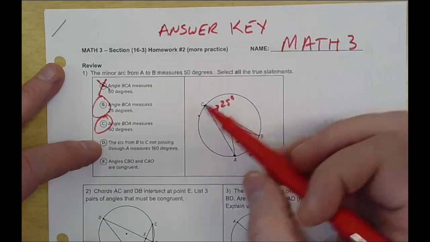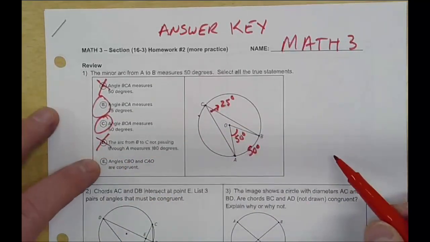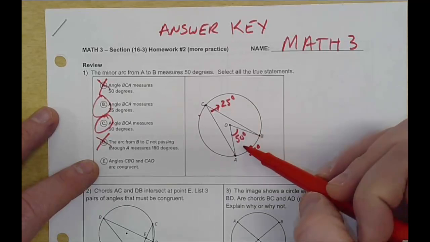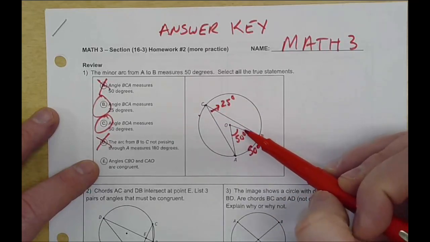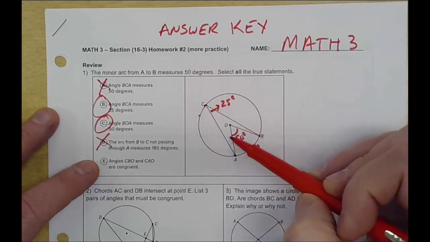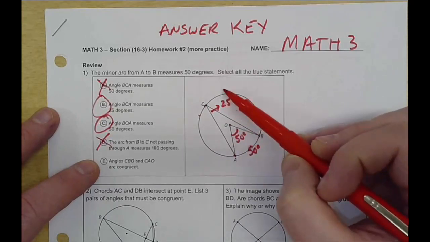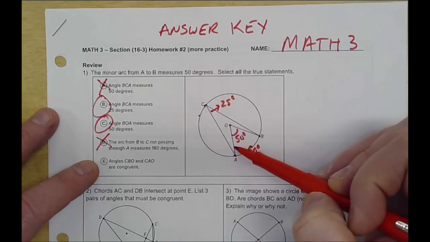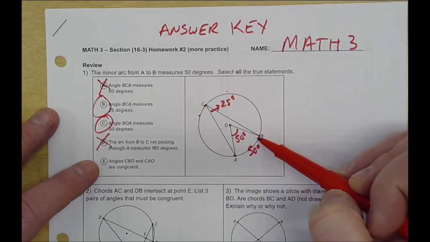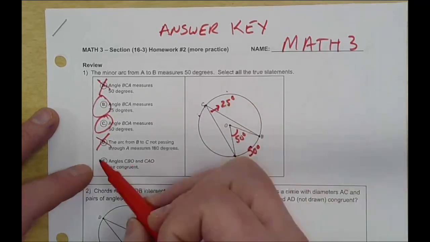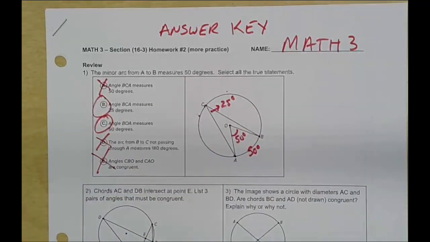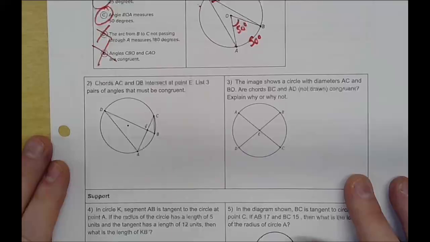So it's close, but that's a no. Angle CBO and CAO are congruent. We can't tell. If A to O went all the way across, and the same thing over here, maybe, but the picture's incomplete. We can't assume that. So only B and C ended up being true.